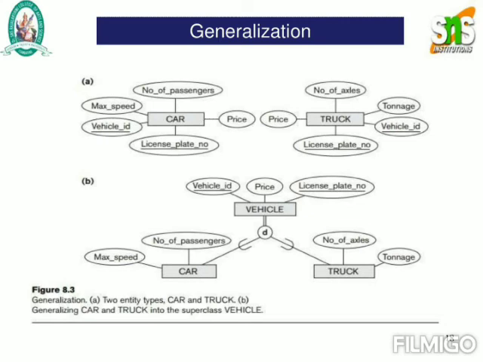Based upon those attributes, they vary from one class to another. So the car and truck act as subclasses. You can notice in the figure that the arrow pointing from subclass to superclass is called generalization, whereas the arrow pointing from superclass to subclass is called specialization.